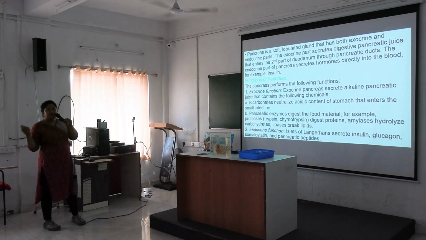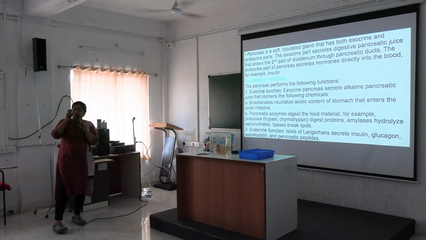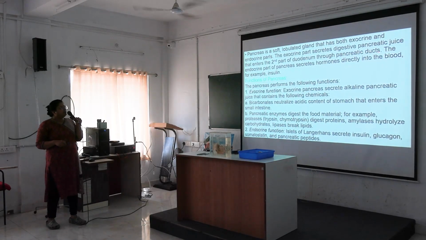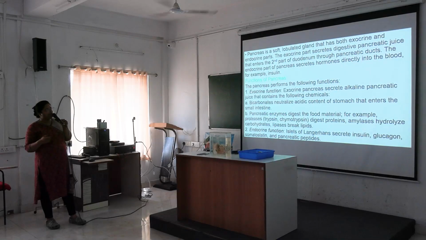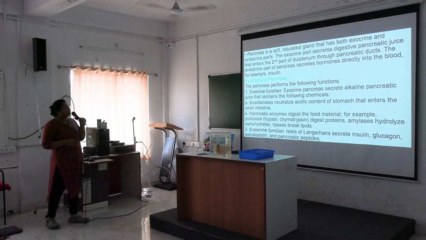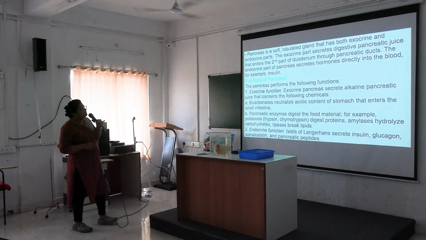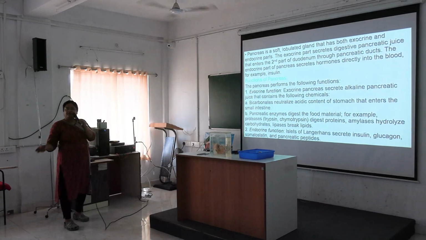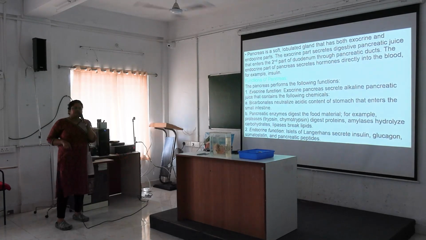So next we are going to the pancreas. We have completed spleen. Pancreas is a soft lobulated gland. It has both exocrine and endocrine function. So it is a mixed gland. Pancreas is a mixed gland. Okay. Liver is also a mixed gland.